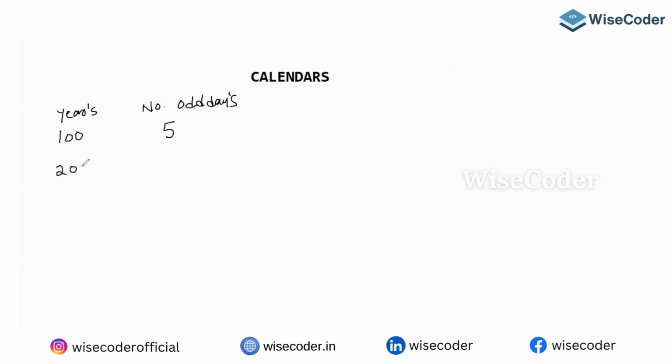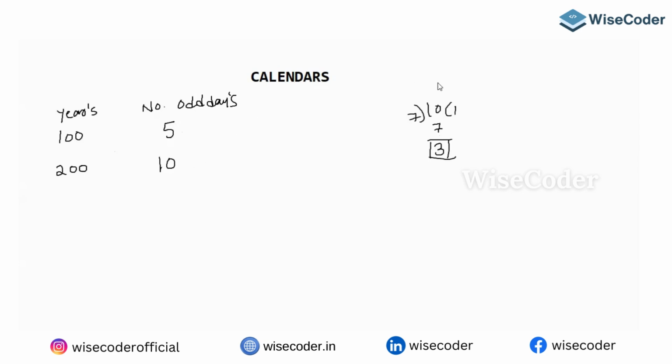But 200 years will have 10 odd days. But 10 is more than 7, so again divide 10 by 7, and I am left with 3. So whenever someone asks how many odd days 200 years have, don't say 10. The odd days should always be less than 7.